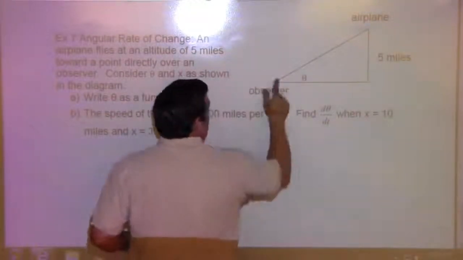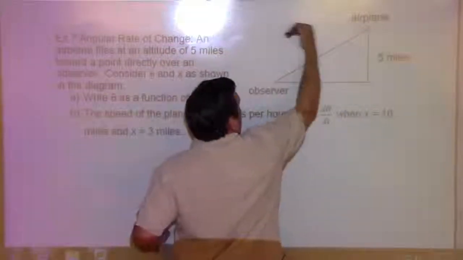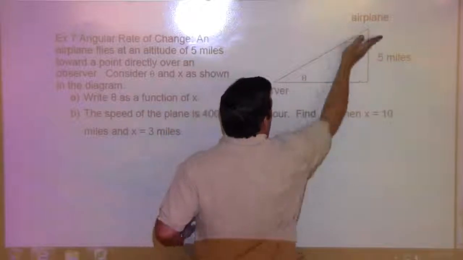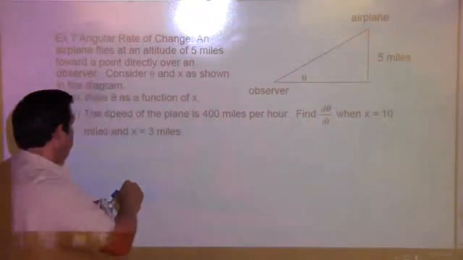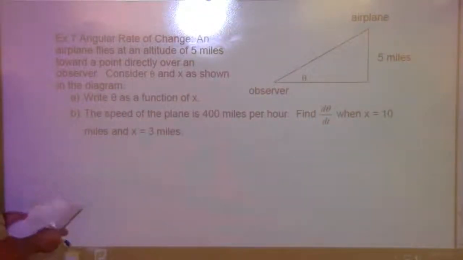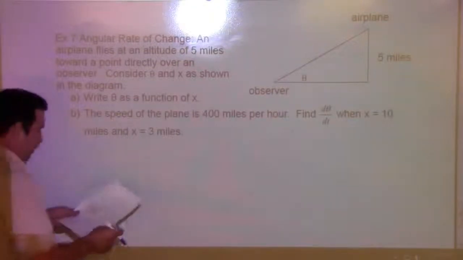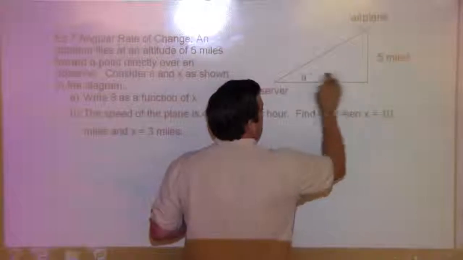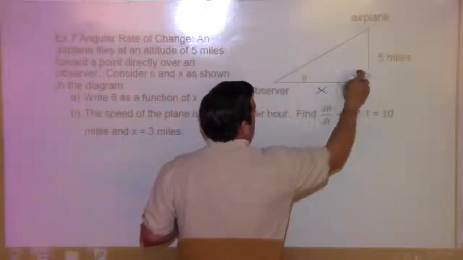So here's the observer. Airplane's flying this way. Going to eventually be overhead of the observer. Here's our angle. It's 5 miles in the air. Write theta as a function of x. So this is x here, the distance the plane is, its ground position.